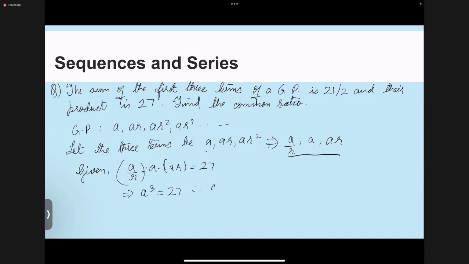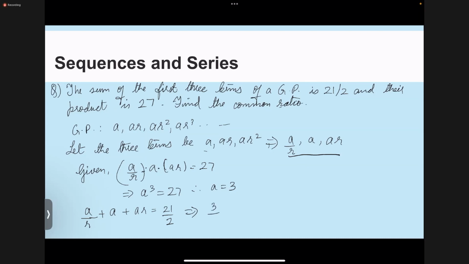And therefore A equals 3. So we got our first term. Now we can write A by R plus A plus AR. The sum is also given to us as 21 by 2. You can quickly substitute for your A everywhere.